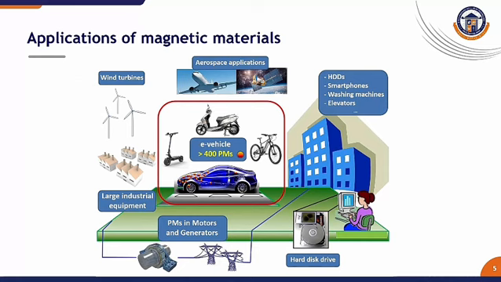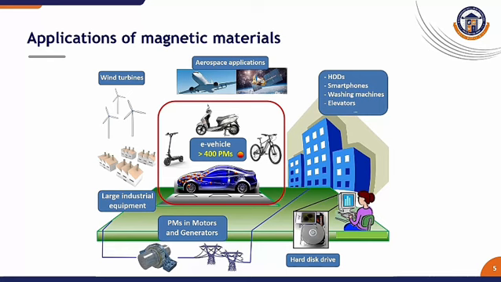Applications of magnetic material. Magnetic materials have wide application in engineering and technology. Soft magnetic materials such as silicon steel are used in transformer cores and electrical machines to reduce energy loss. Permanent magnets are used in loudspeakers, electric motors, and sensors.